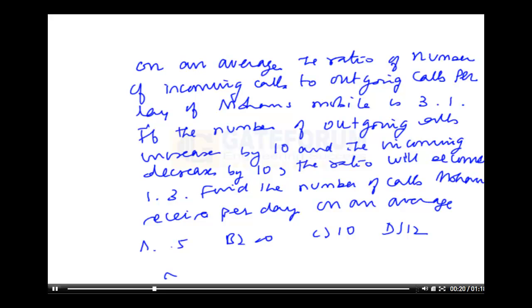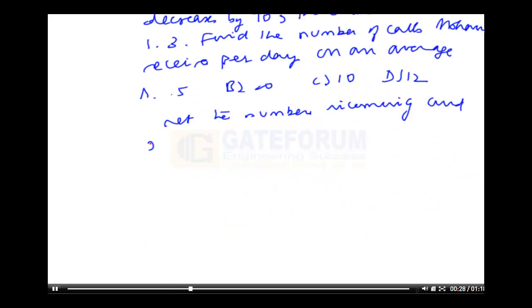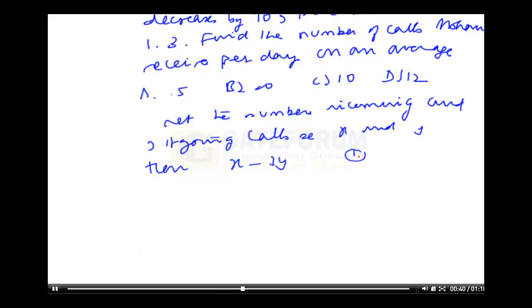So, let the number of incoming and outgoing calls be x and y. Then we have x is equal to 3y, that is 1, and x minus 10 by y plus 10 is equal to 1 by 3.